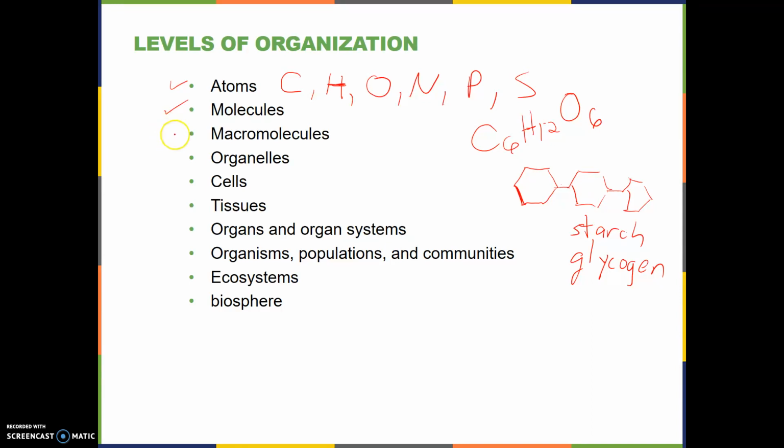Macromolecule has become a very popular term in the world of nutrition and dieting, getting your macros, and that means your fat, your protein, your fiber, and your carbohydrates. So macromolecules are just large molecules.